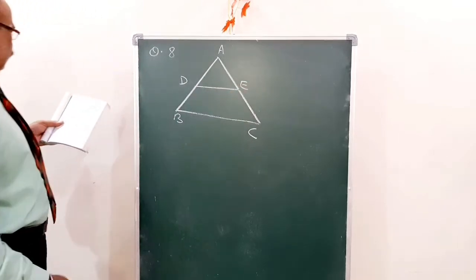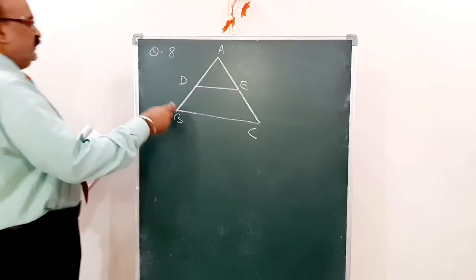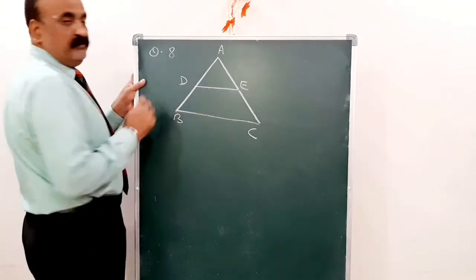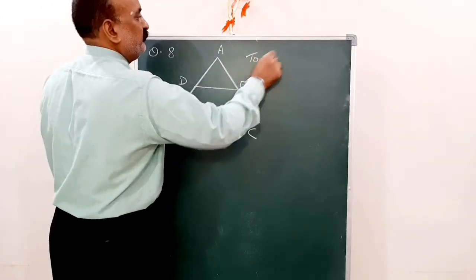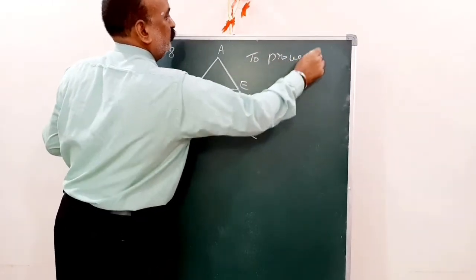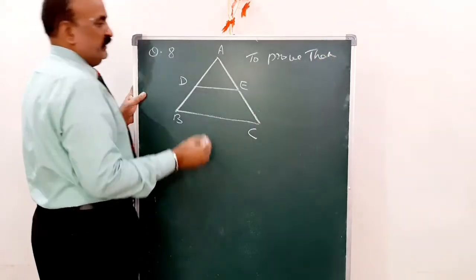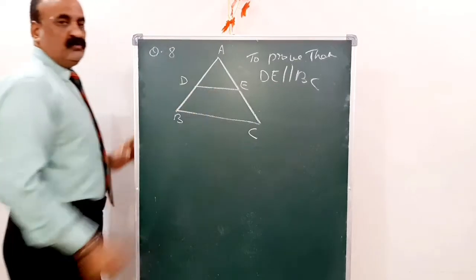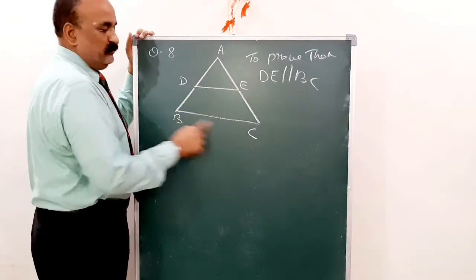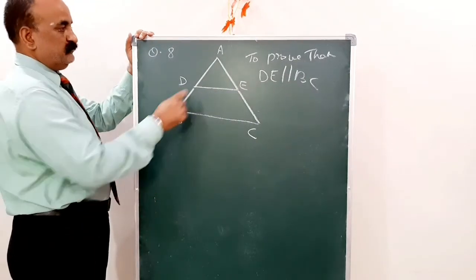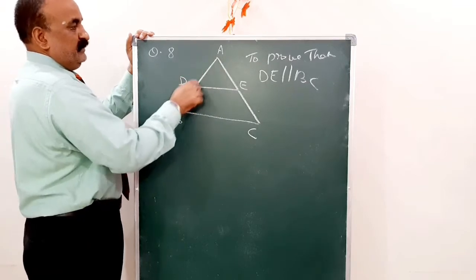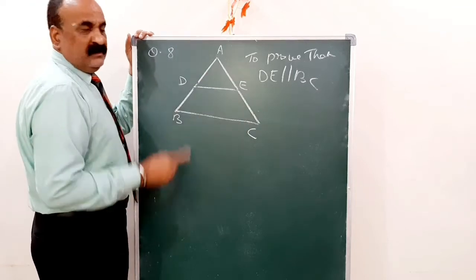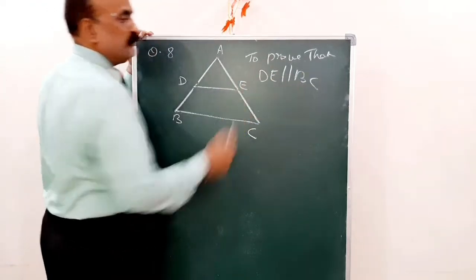You have to show that DE is parallel to BC. Let us see. D is the midpoint of AB. E is the midpoint of AC. What you have to show? To prove that DE is parallel to BC.